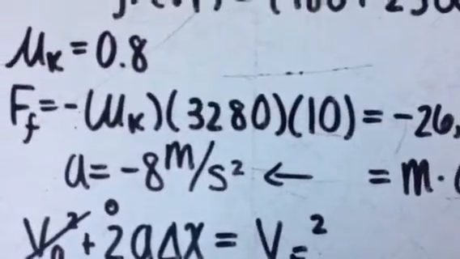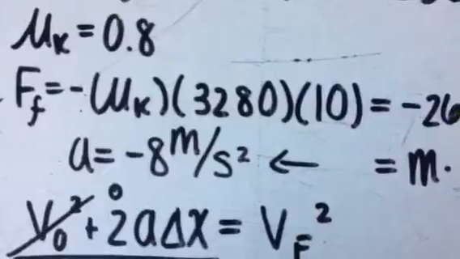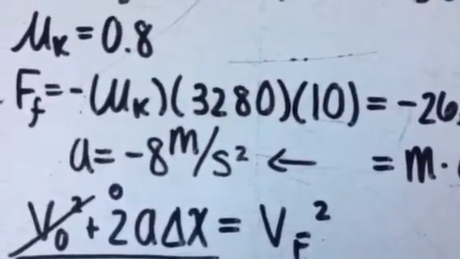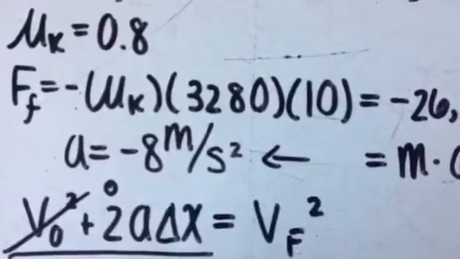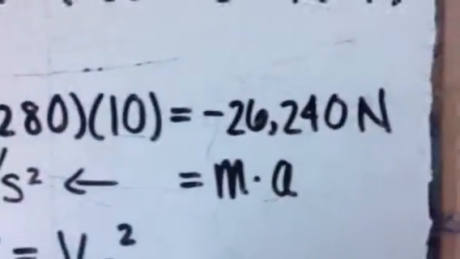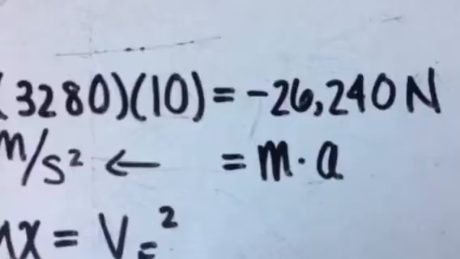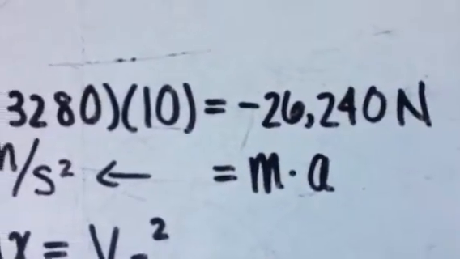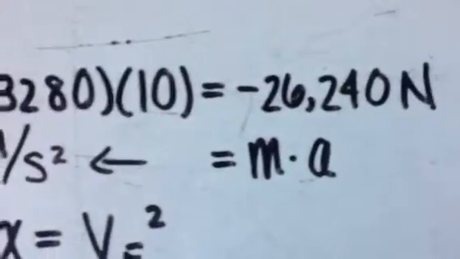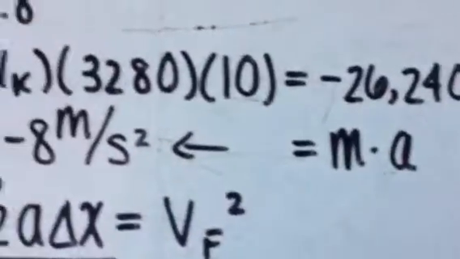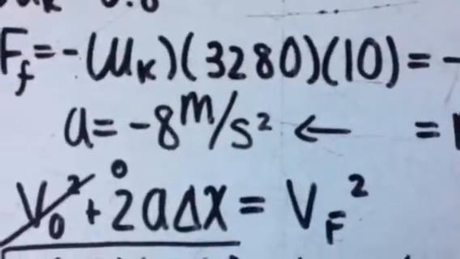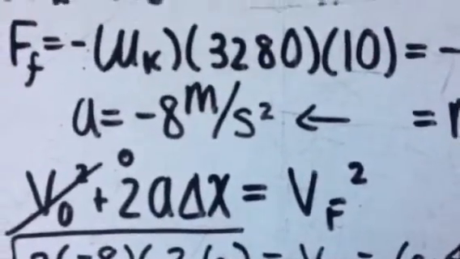Remember, this is a negative force because, as we defined earlier, the cars are moving. The skidding of the cars is being slowed down by the friction of the pavement. We get the force of friction is equal to negative 26,240 newtons. Using F equals ma, we find that the acceleration is equal to negative 8 meters per second squared.